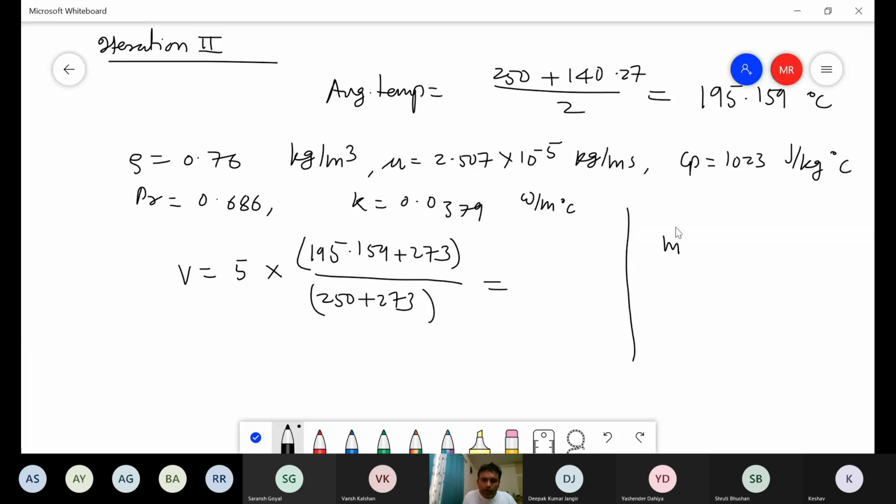So m dot is nothing but rho into v, isn't it? Rho in this case is mp by nRT, into v.